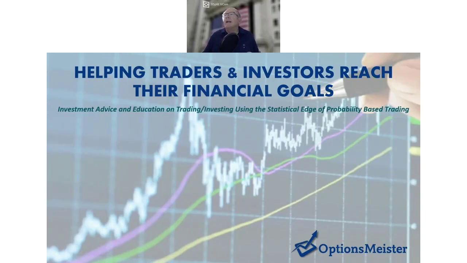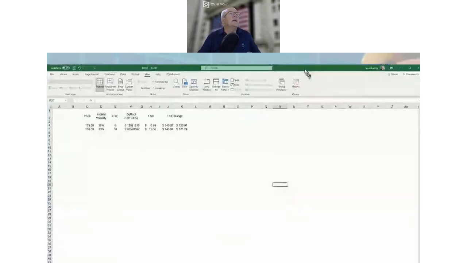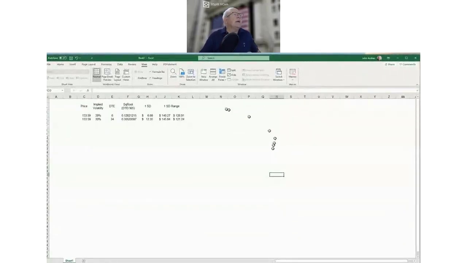Dave, your question on standard deviation. Let me show you something. I did this little thing on IBM. If you can see the screen there, Dave, the price is 133. You take the price times the implied volatility times the square root of the days to expiration over 365.